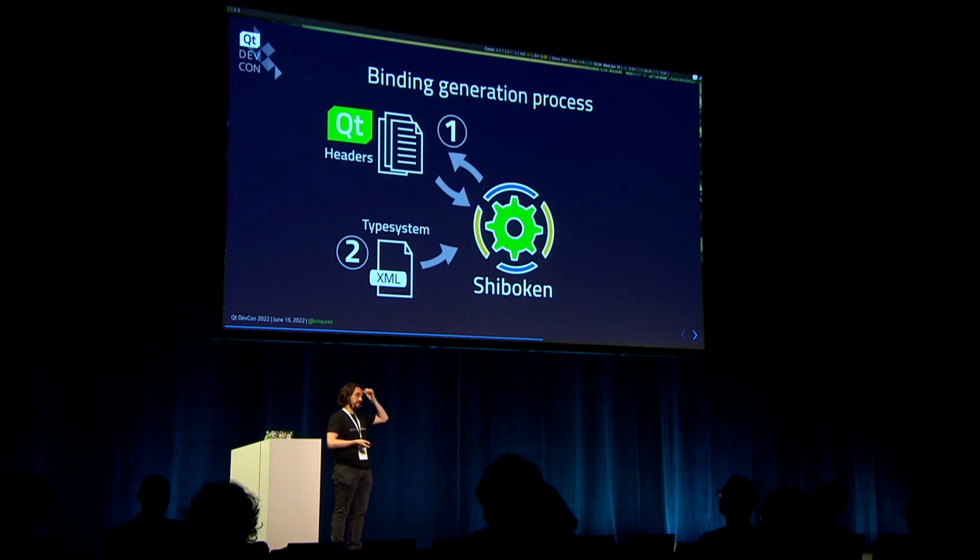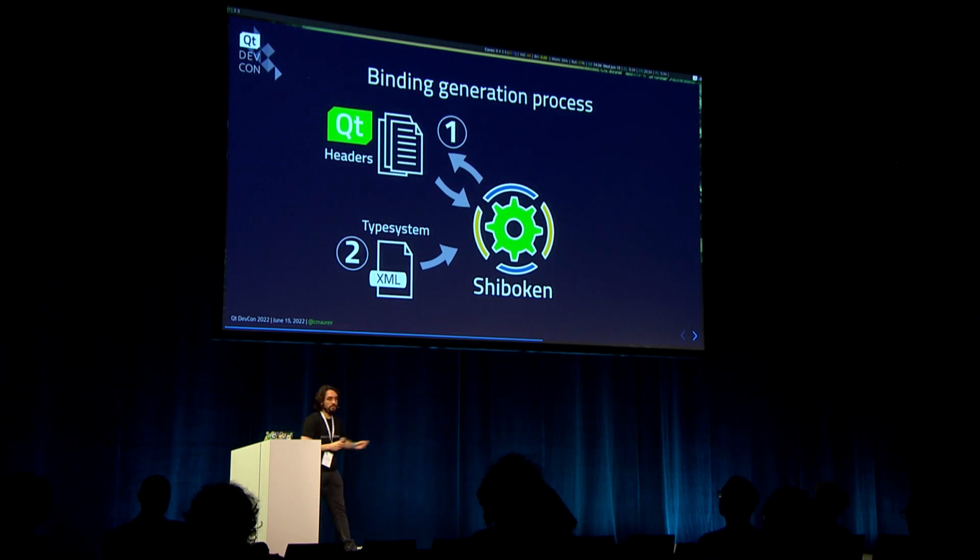For that, we have a type system, which is nothing else than an XML file where you can specify, for this method, please change this argument to this other type. And we provide some converters. If the converter is not there, you can write it yourself, which is nothing else than some snippets, C++ lines. We have, of course, our own way of getting access to the different arguments that the method will have, and so on and so forth.